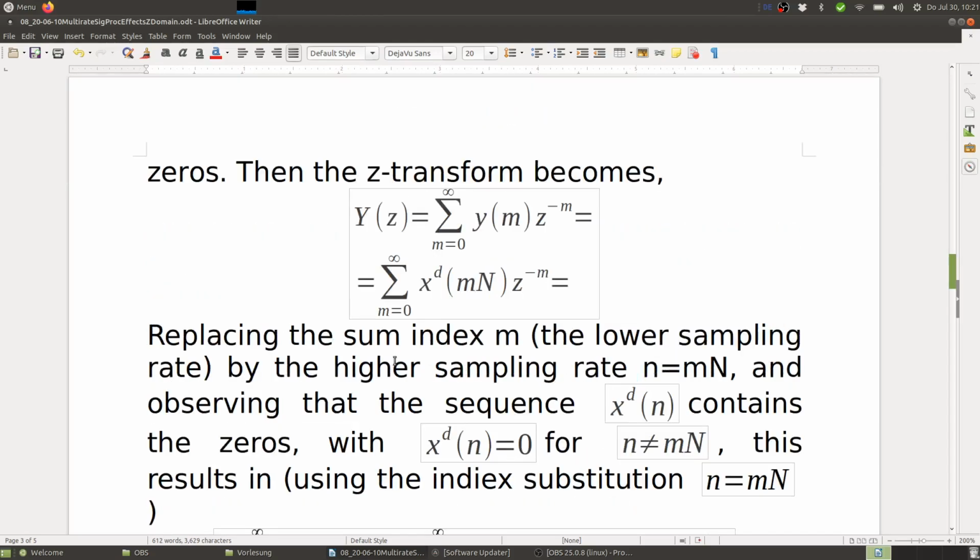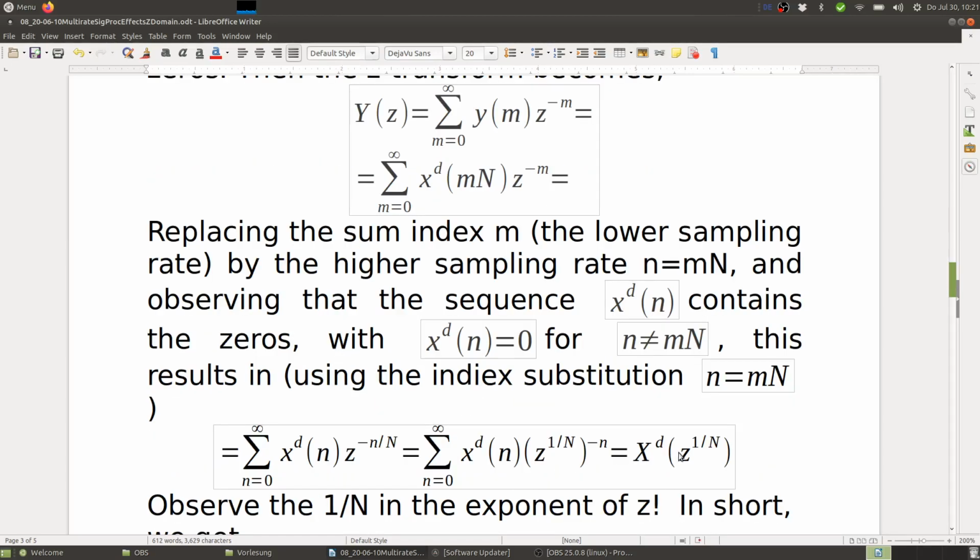And now we can replace the sum index m, the lower sampling rate, by the higher sampling rate, n equals mN, capital N, and observing that the sequence x_d contains the zeros with x_d of n equals 0 for n unequal mN.